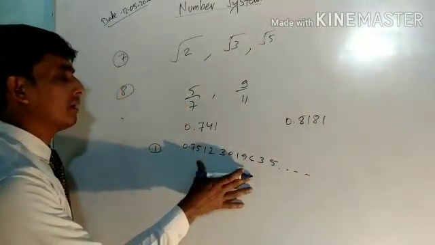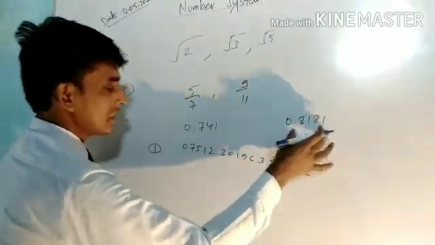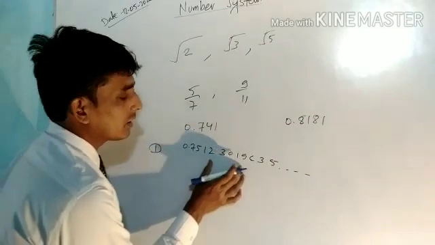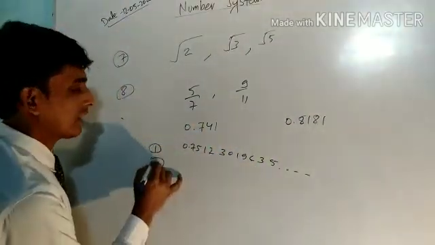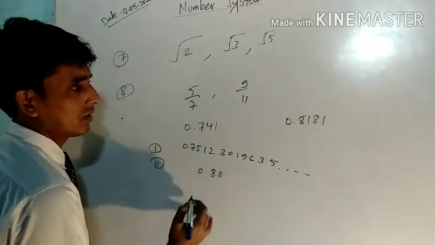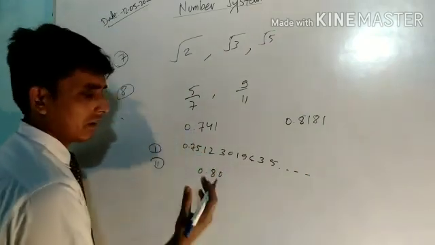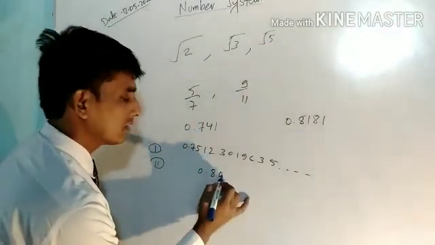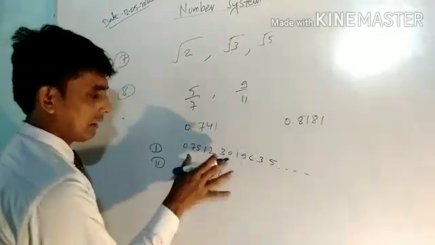So this is a number which is more than this and less than this, and it has a non-repeating, non-terminating type of decimal expansion. Therefore, it is an irrational number. Again, you can write any number which is less than 0.81. Now give digits according to your choice, but keep in mind that the digits should not repeat.